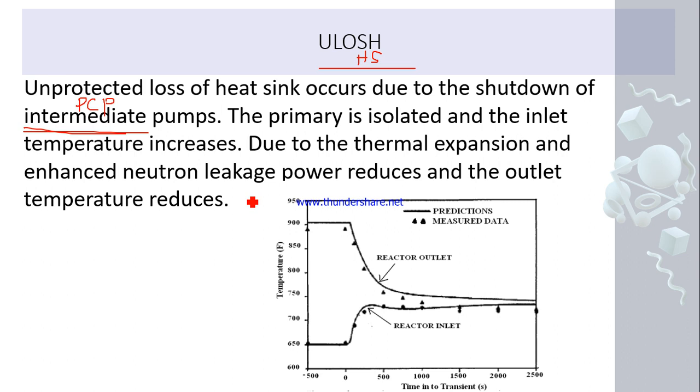That means if there is a sudden shutdown of the primary coolant pump, the primary is isolated and the reactor inlet temperature will increase. Due to the thermal expansion and enhanced neutron leakage, power reduces and the outlet temperature reduces. So this is graphically indicated. These are the three major transients that can occur in fast reactors.